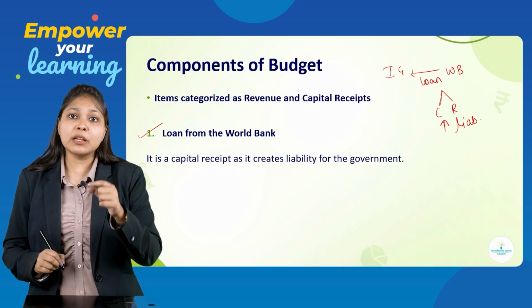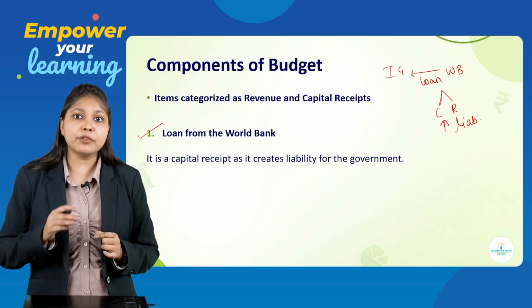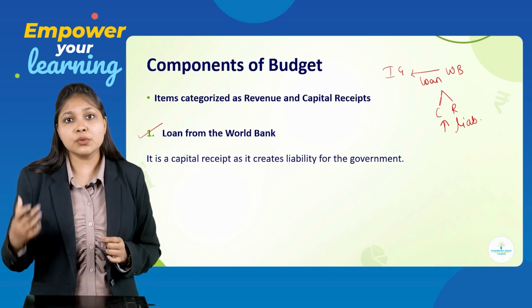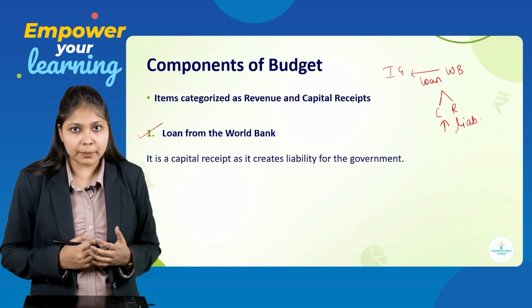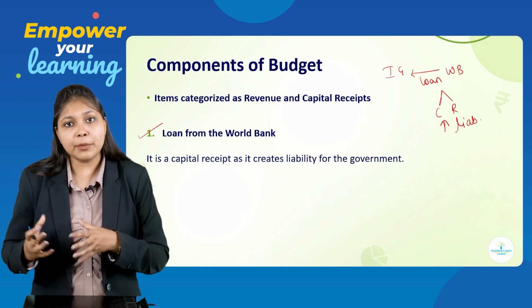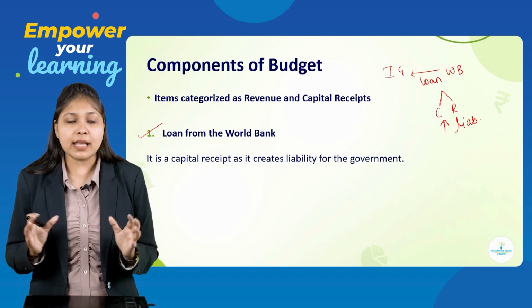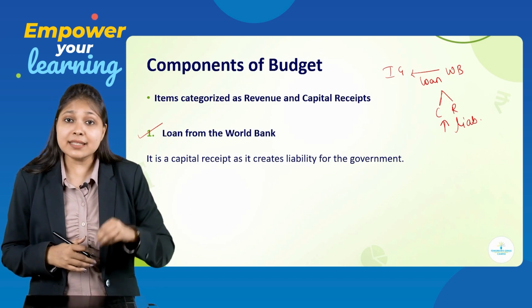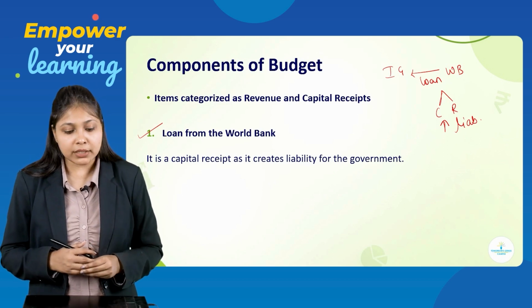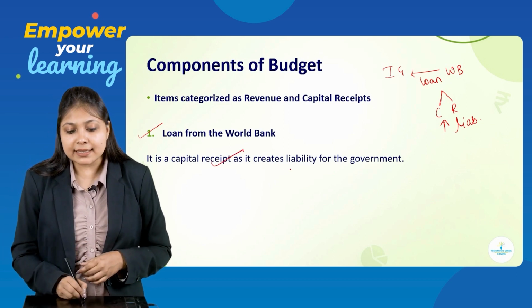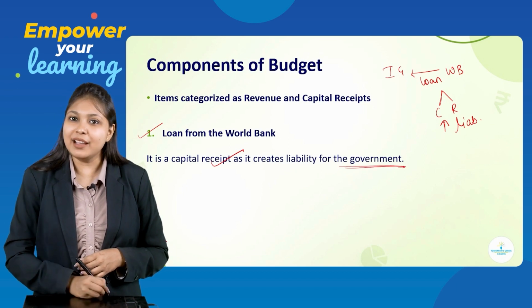As we know, whenever government does borrowings or takes a loan from any other financial institution, union territories or foreign countries, it is going to create liability on the government. So this example, loan from the World Bank, is clearly an example of a capital receipt, since this receipt is going to create liability on the government.